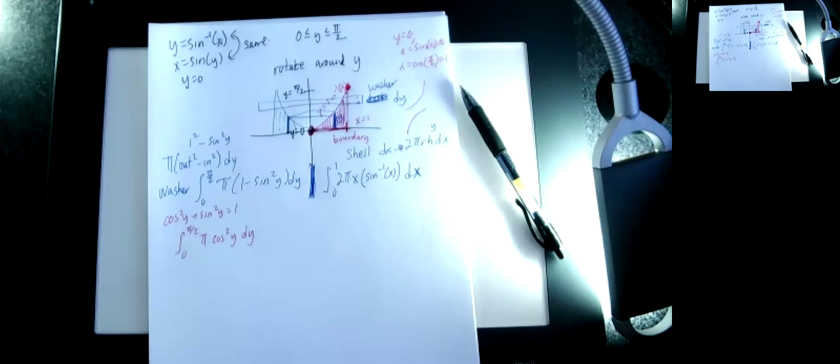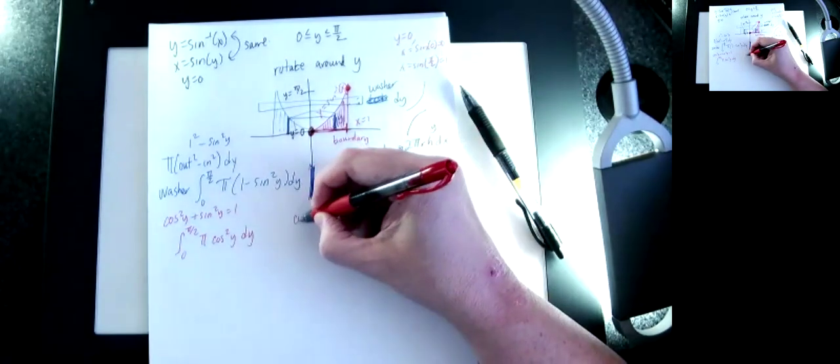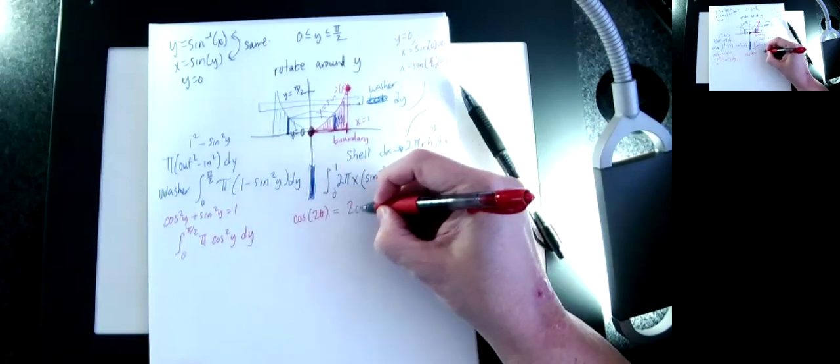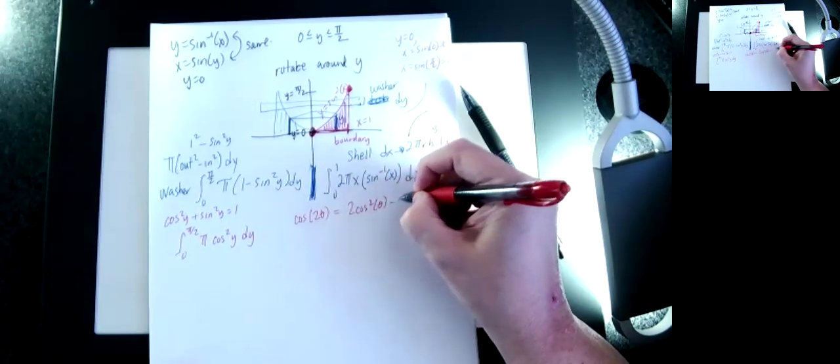This is easier than the other stuff, assuming you remember your trig functions. We saw one of the variants of cosine 2 theta was 2 cosine squared theta minus 1.